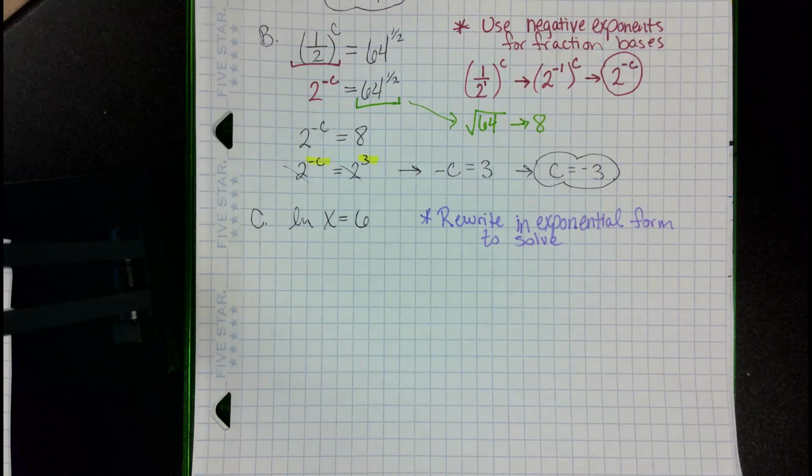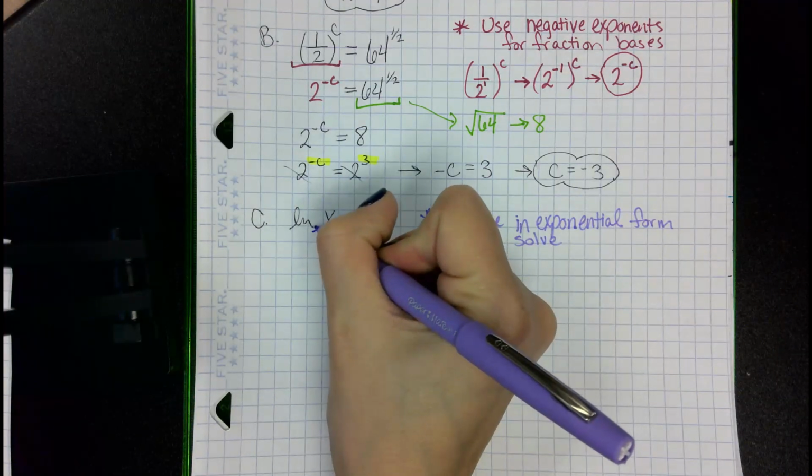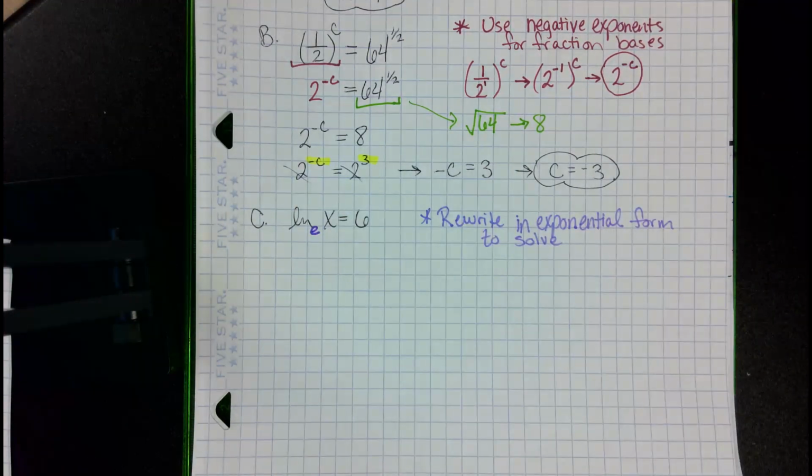It's just understood, it's not written there, but whenever you're rewriting it, it helps to see it. So I'm going to write in that it's a base e so that I see the e. I do the same thing with the common log because the common log is a base 10, but it's not written or printed, it's just understood. But whenever you're switching forms, it's useful to see it.